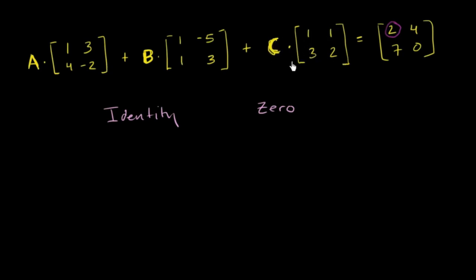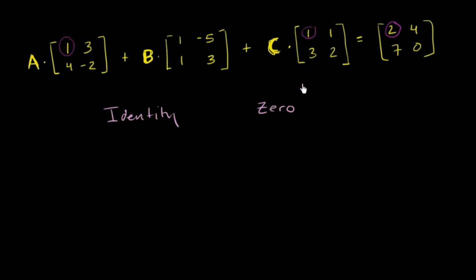One way of thinking about it is that the matrix won't matter anymore because it's going to be multiplied by 0. So if A was a 0 matrix and B and C were identity matrices, you would add 1 plus 1 to get 2. So you're like, oh, maybe that's the case. But it could be the other way around. It could be that A is identity matrix, B is a 0 matrix, and C is an identity matrix, and you add 1 plus 1 over there to get 2.